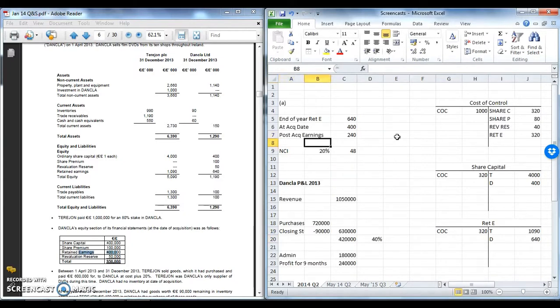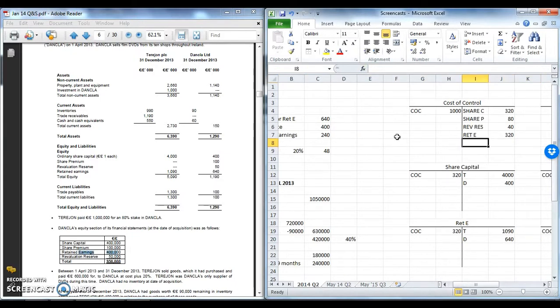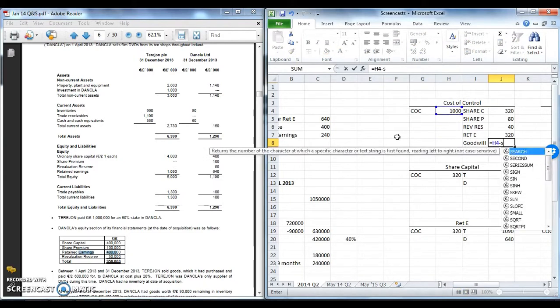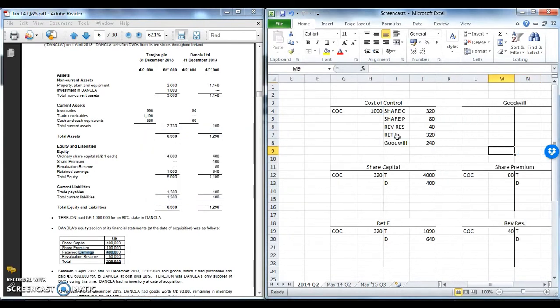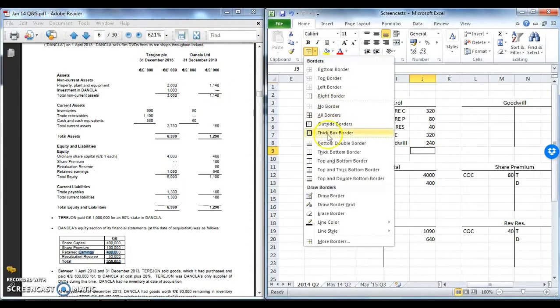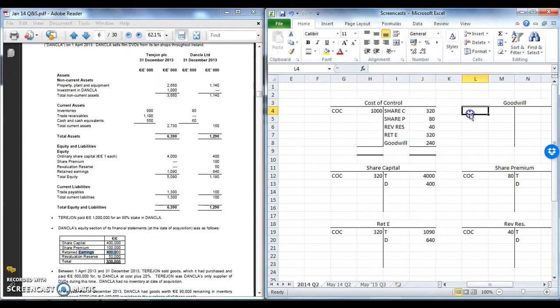So by summing them up, the balance in your cost of control account should be your goodwill, which is the 1,000 or the million, minus the sum of all these portions, which gets you to your 240. So this account is cleared. There's nothing left in it, it's balanced off. And what you do is you say cost of control, the goodwill is now 240. And that is the calculation done.